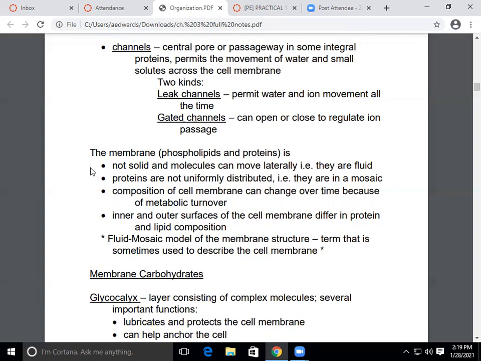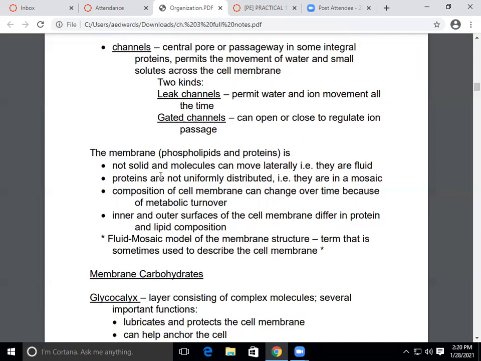Membrane phospholipids and proteins. The membrane and its phospholipids and proteins are considered to be fluid. That's an important word you want to know, fluid. What does fluid mean? It's not solid. Molecules can move around, particularly laterally, which means they can move along the membrane.